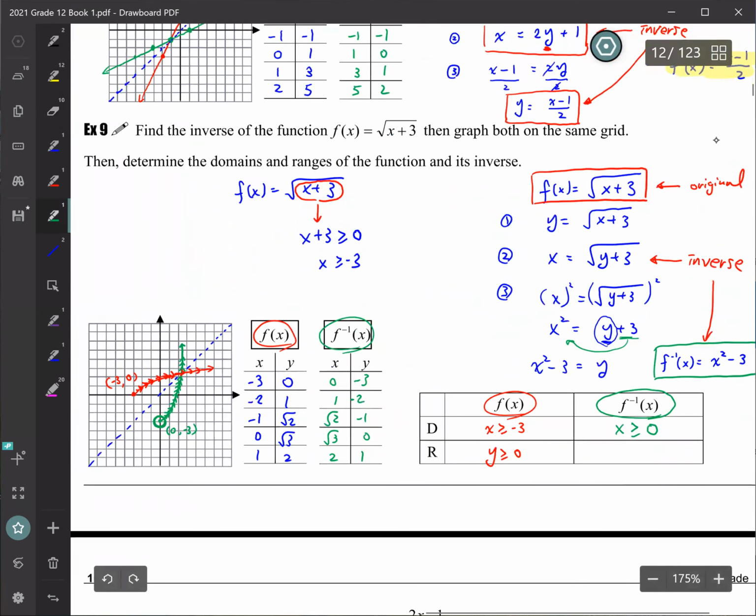So how do you write the range? Y has to be what?